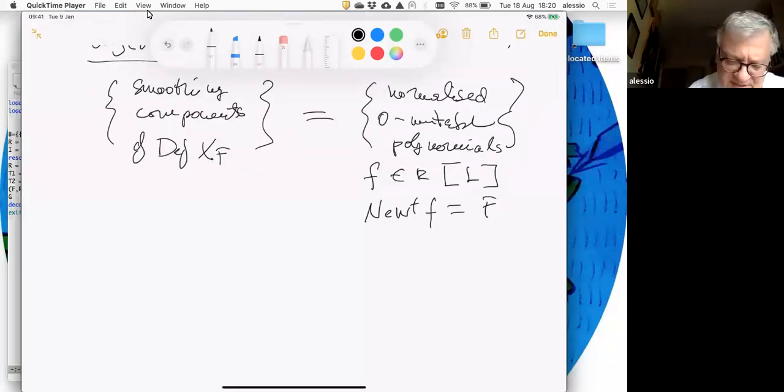For now, let me just make a couple of remarks. If X_F has isolated singularities, then this is known.